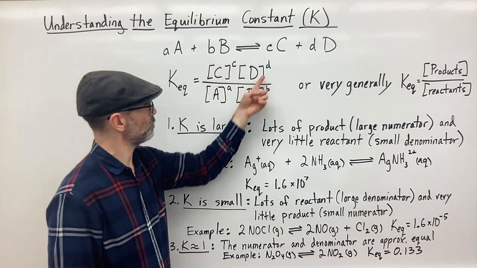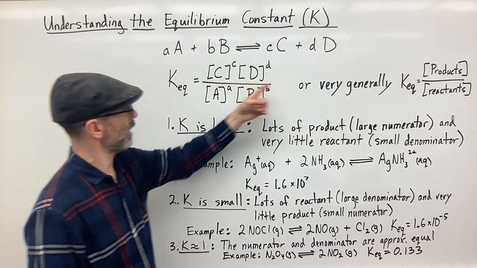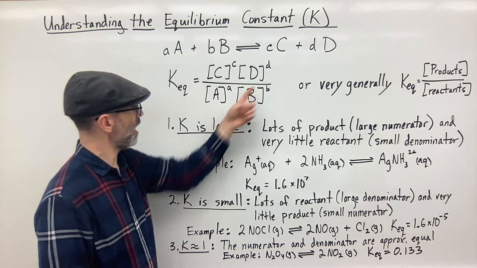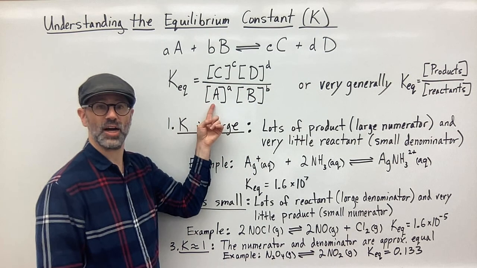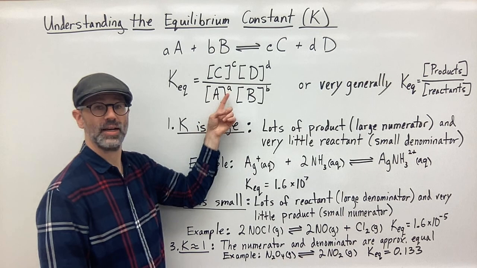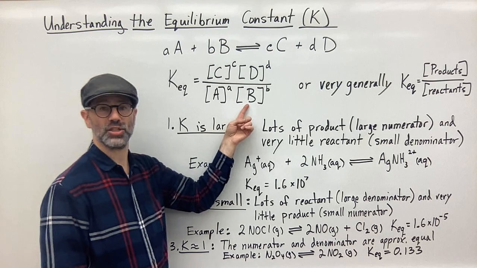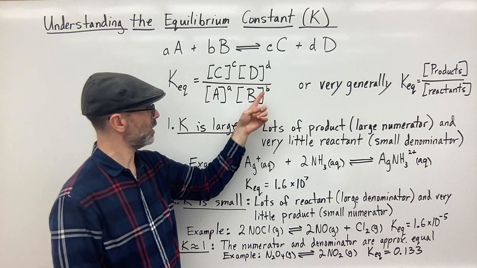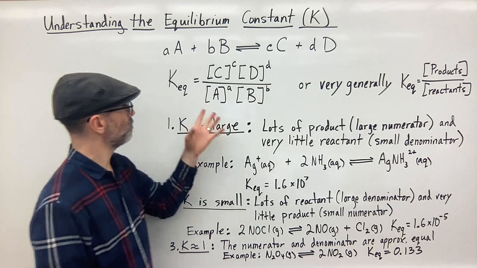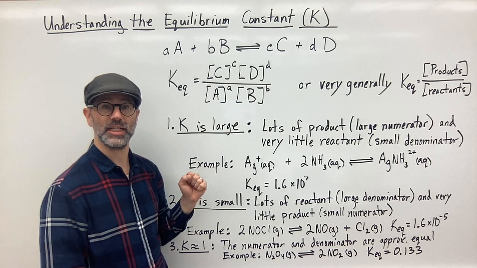And then that's multiplied by the concentration of D, the other product, raised to the power of its coefficient. And then you divide that by the concentration of the reactant A raised to its coefficient, little a. And then that's also multiplied by the concentration of the other reactant B raised to the power of its coefficient, little b, right? So this is generically what your K expression is.